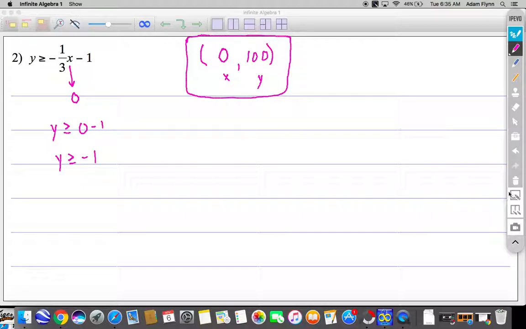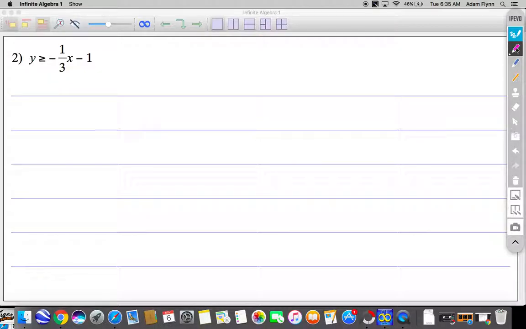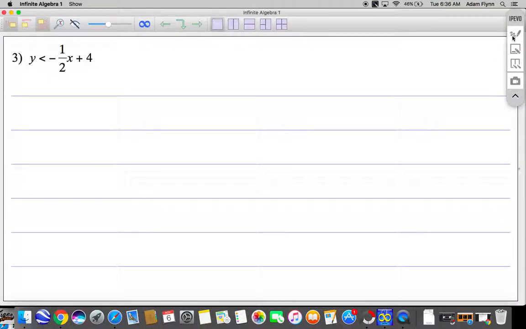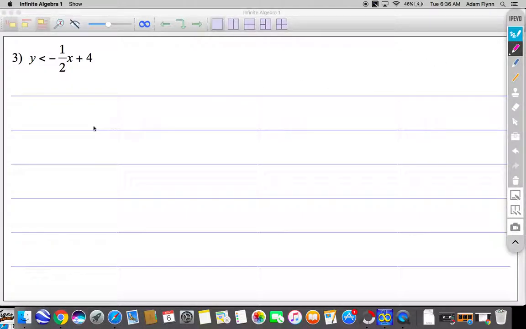Okay, now for number 3. So for number 3, more of the same. I'm going to make my parentheses. And I'm going to make this x a 0.